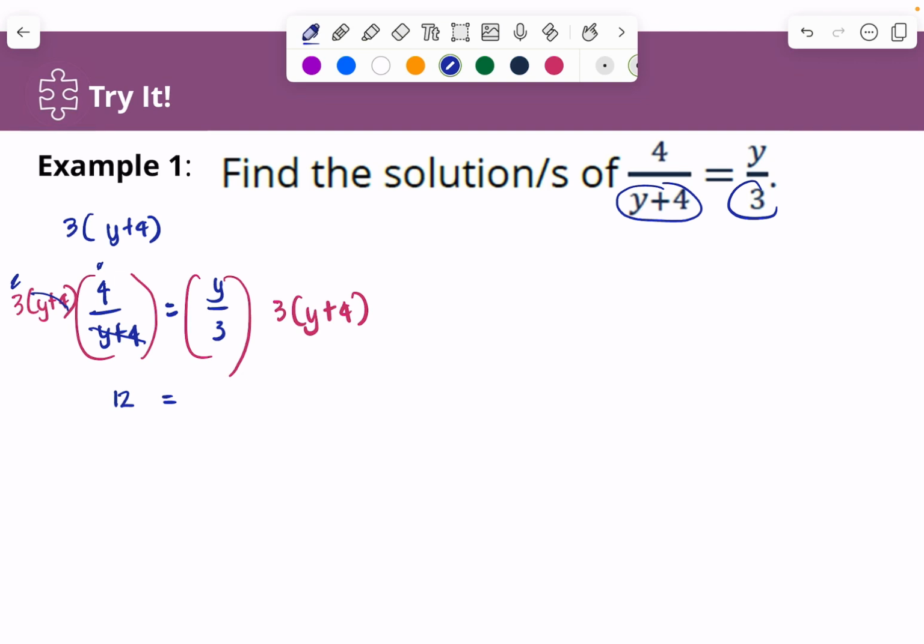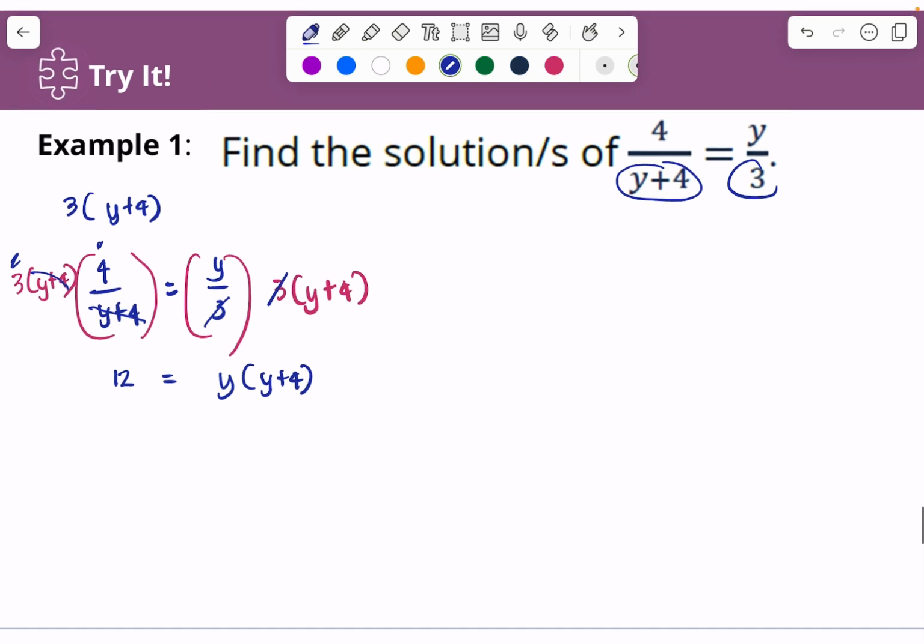Can we cancel anything? Okay, yes, we can cancel 3 here and 3 from the denominator. So the remaining values here are y times y plus 4. And then we're going to solve for the value of the unknown variable. The unknown variable here is, yes, that's correct, y. So let's try to solve for it.